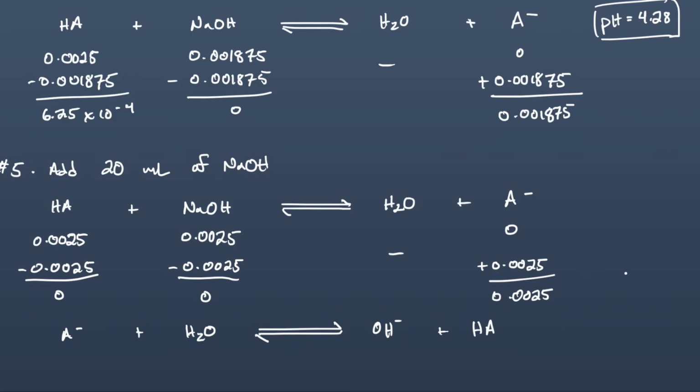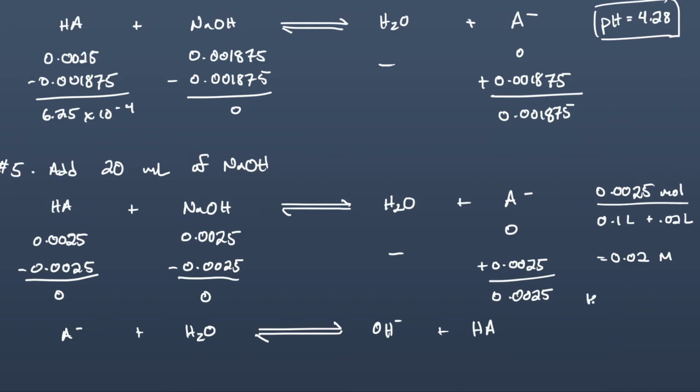We have 0.0025 moles of A minus in a total of 0.1 liters plus 0.02 liters. And this becomes 0.02. This here.